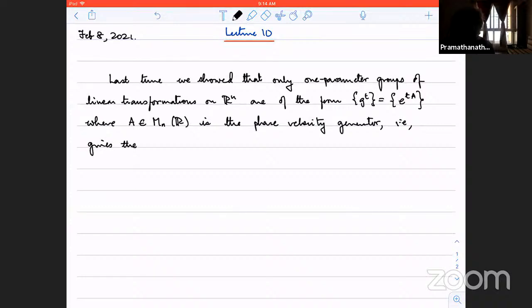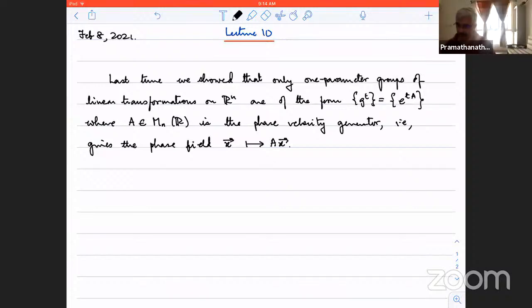It gives the phase field x going to Ax. So at any point x in Rn, you have this new vector Ax attached to it. It's like the velocity vector at x.